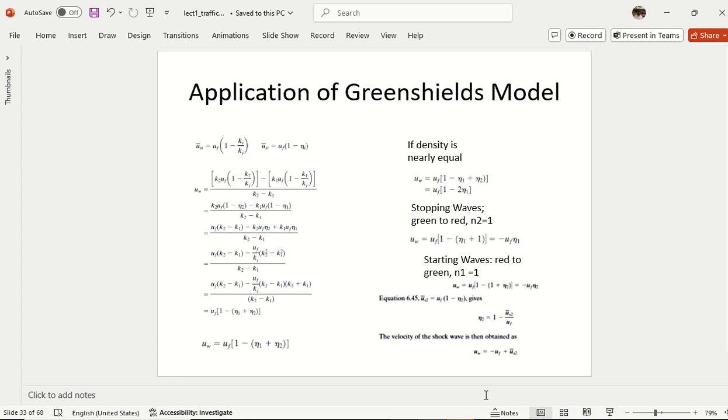Whenever the signal is red, density equals jam density. Here it became red, so K2 equals jam density. Here it was already red, so K1 equals jam density. Whichever it is, that eta will become 1. If you put this as 1 here, then again you get this equation.